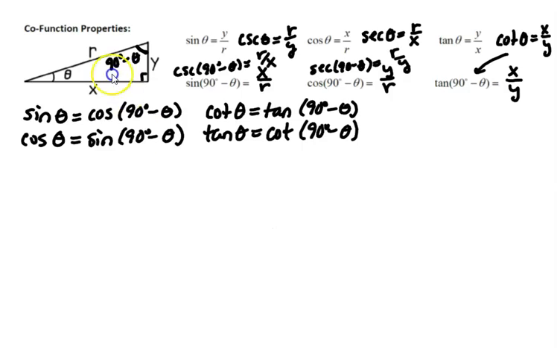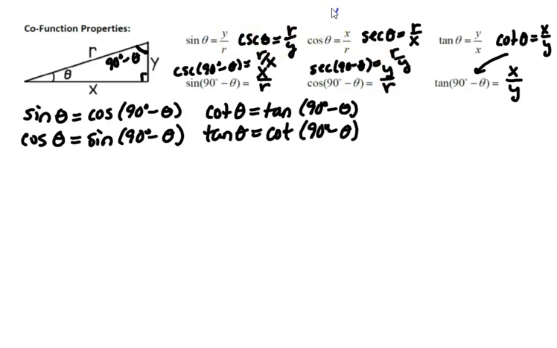So notice we can say cosecant and secant are cofunctions. Cosecant of theta equals secant of 90 minus theta. Secant of theta equals cosecant of 90 minus theta, because if we just take the reciprocal of these trig values, they have the same relation as sine and cosine have.